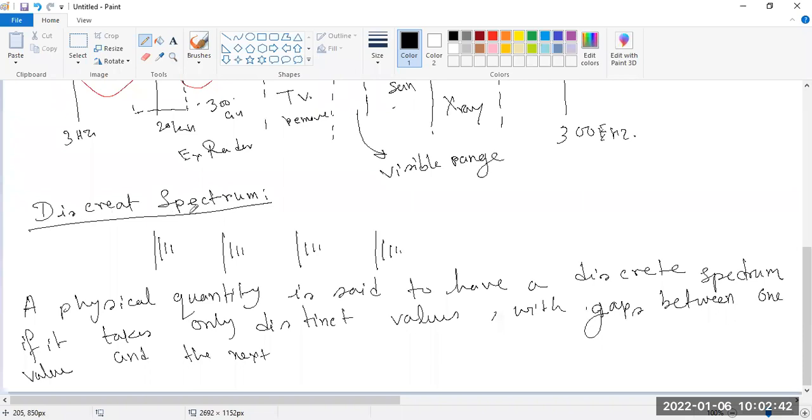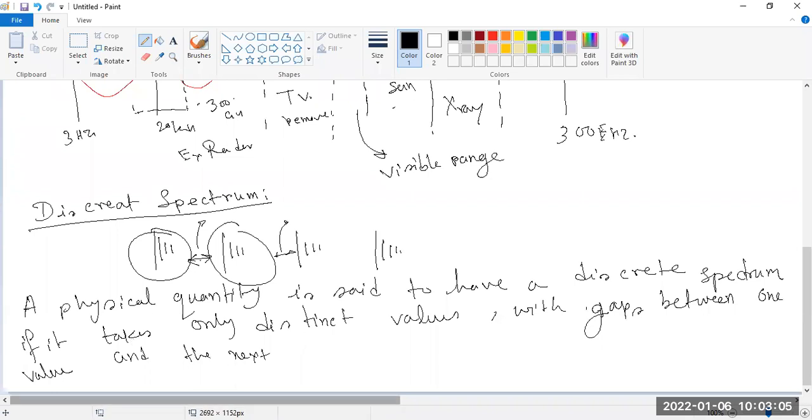So in a discrete physical spectrum, there is a physical quantity, but within these two physical quantities there is a distinct gap. Then this is called the discrete spectrum. So there exist two spectra, the discrete spectrum and the continuous spectrum.